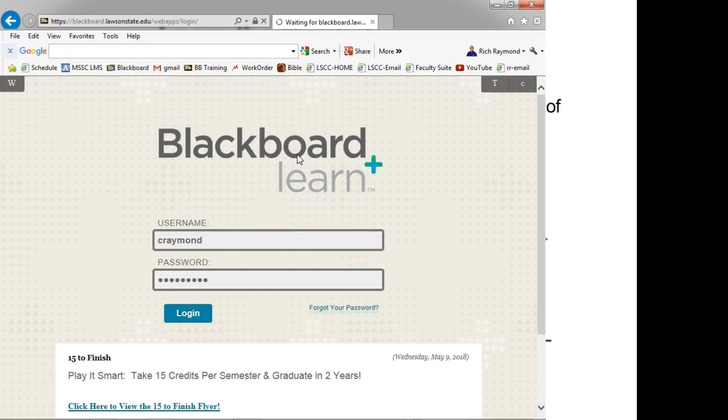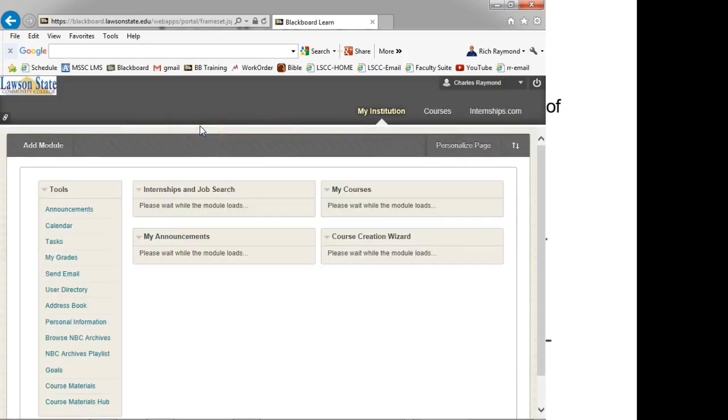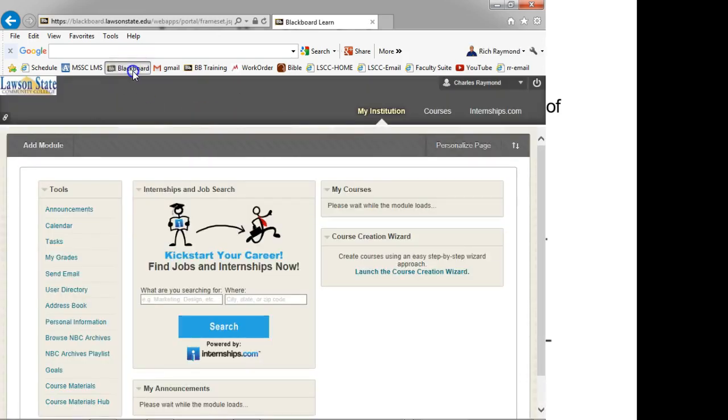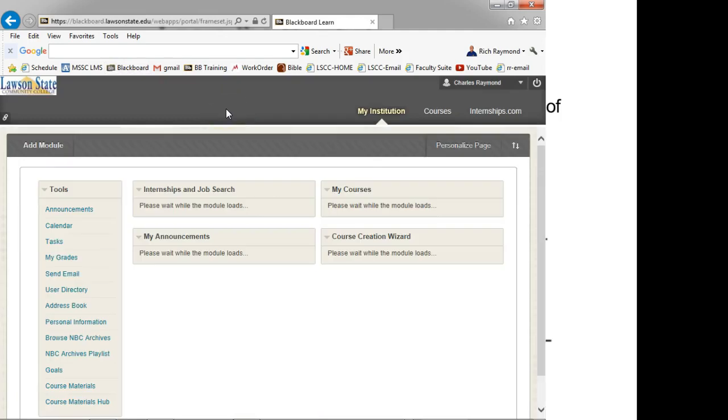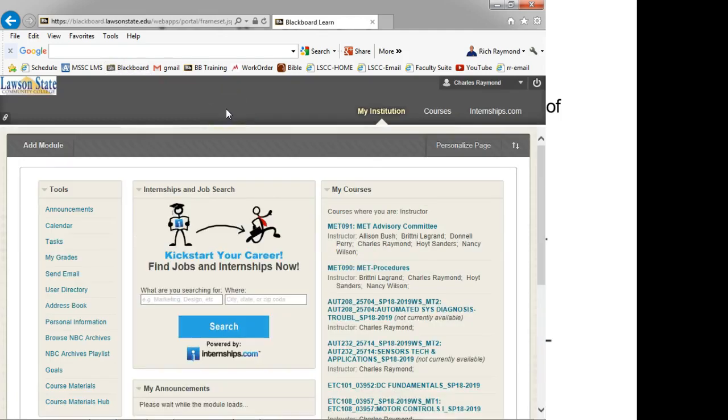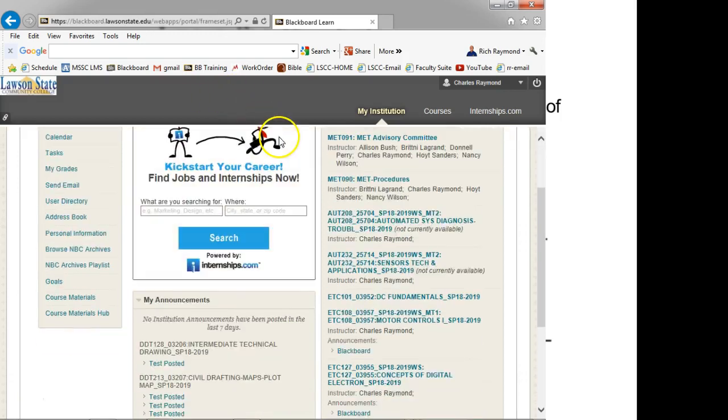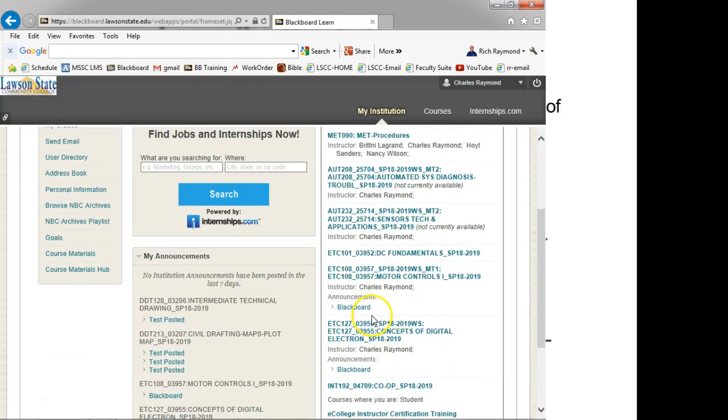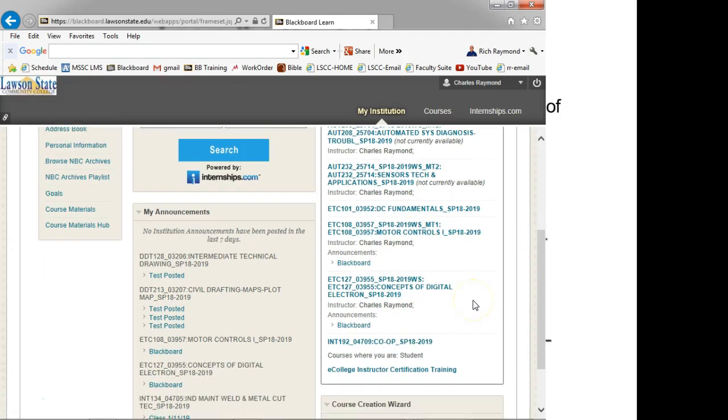We don't require the workbook anymore, but it's a good study guide. You've got two books to get: the lab book and the textbook. He said he found it online for $54, but it was paperback.